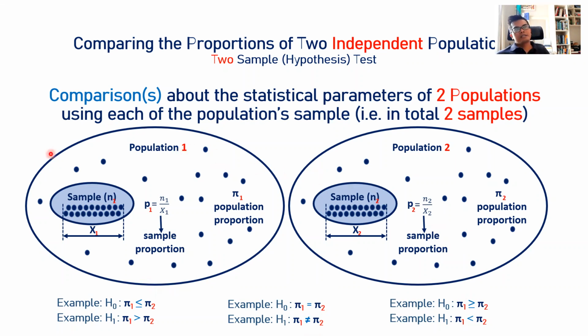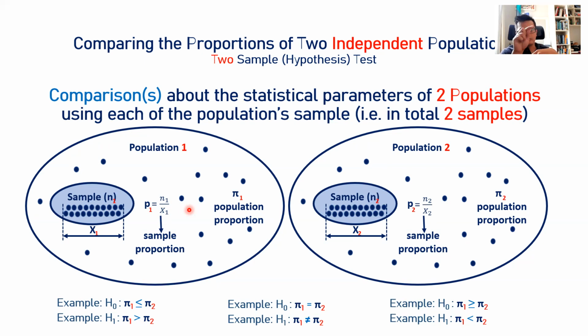Suppose population one is Jakarta and population two is Malang. Here I intentionally put some dots in it. The dots, in our example, are the ones who use an Android phone.